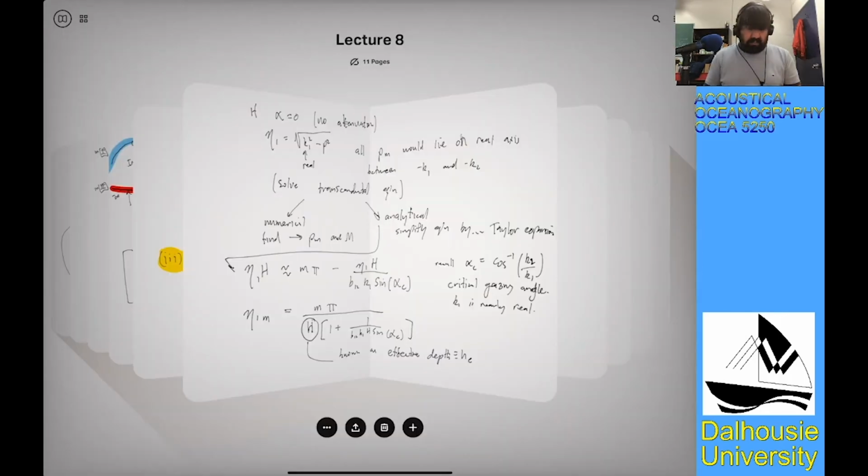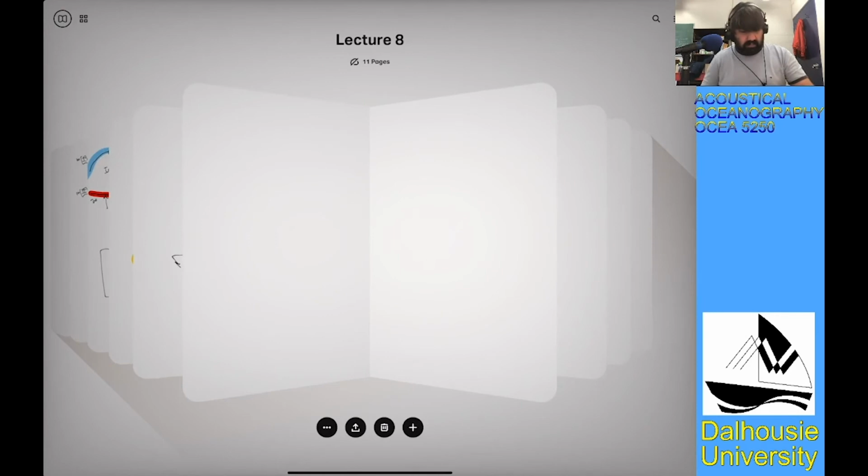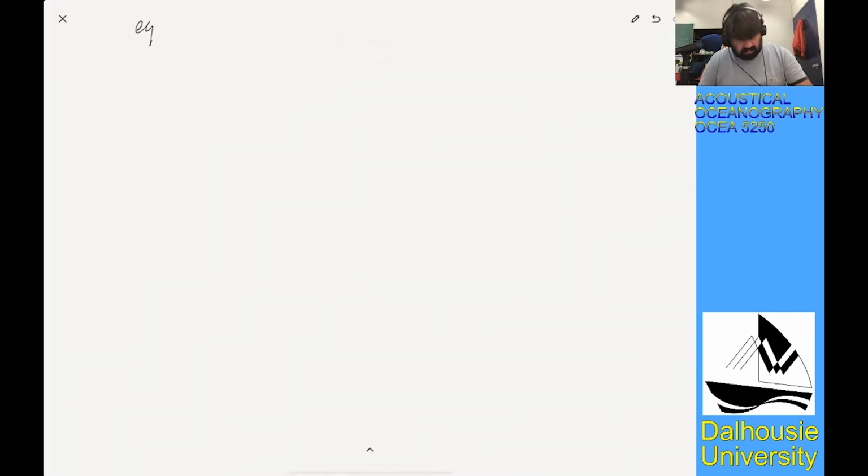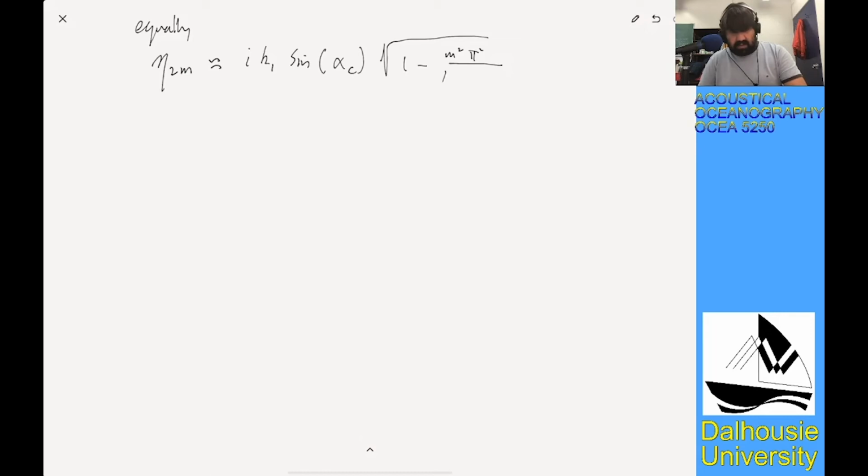Now equally, eta 2m is equal to, or approximately equal to, ik1 sine alpha c, 1 minus m squared pi squared over K squared he squared sine squared alpha c, right?